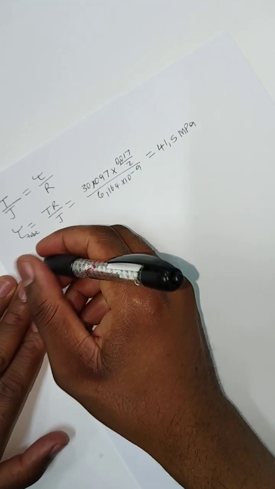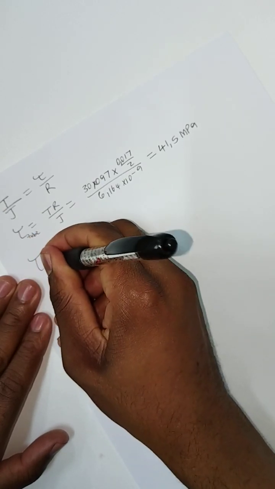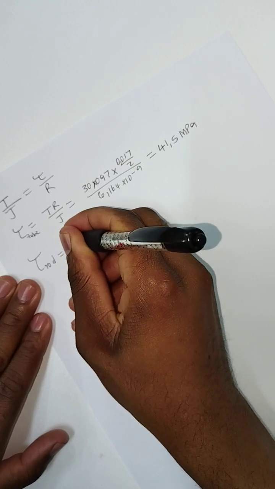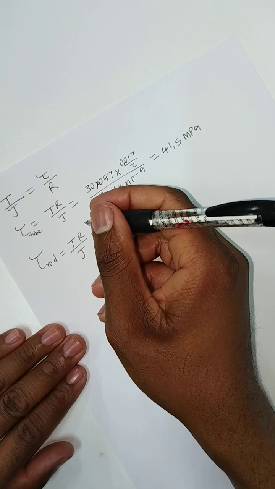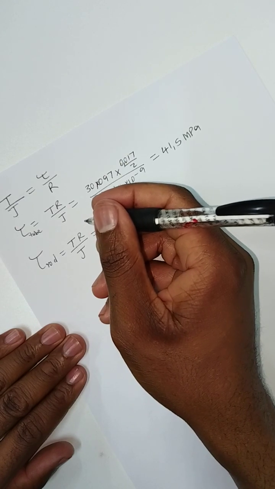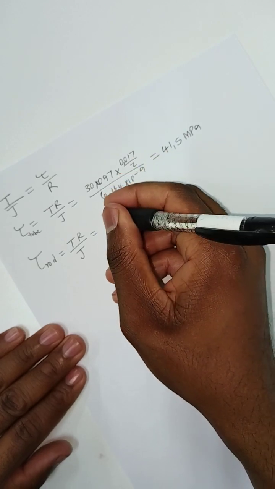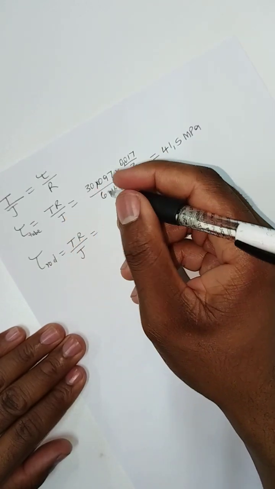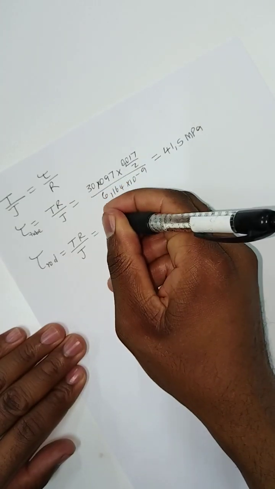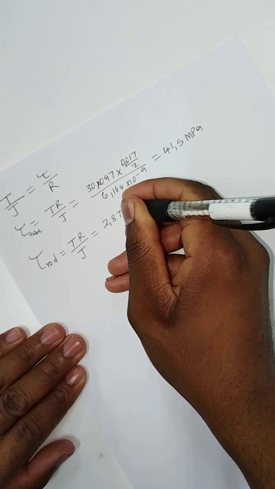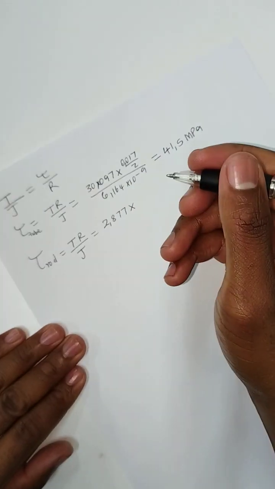Then now you go to the rod. Torque radius over J. Torque for rod 2.877 multiplied by radius of the rod.